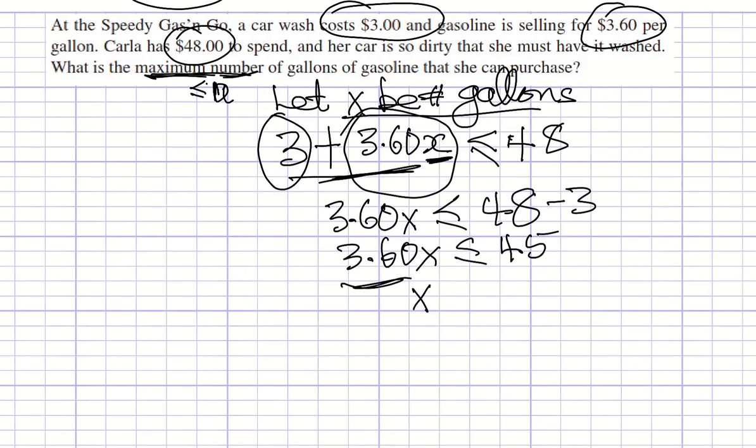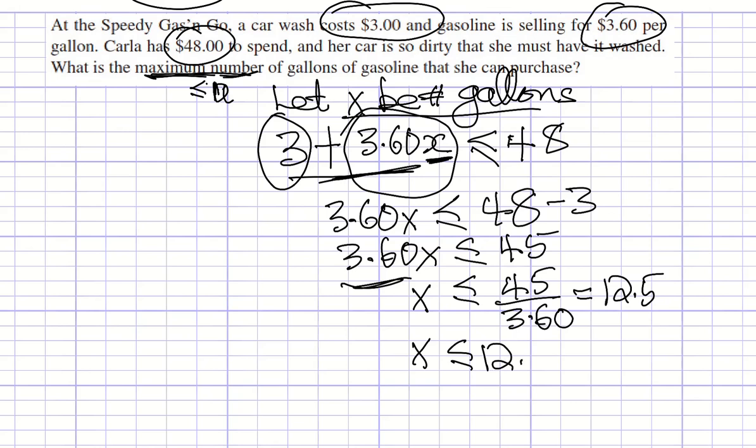Then x is less than or equal to 45 divided by 3.60. When you do that, you get 12.5. So x is less than or equal to 12.5 gallons.